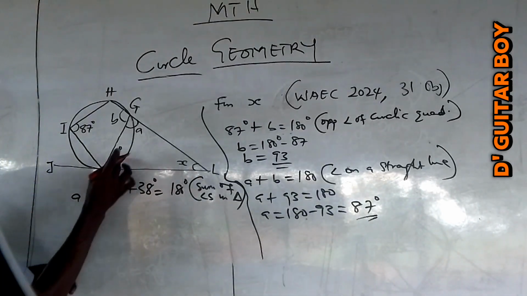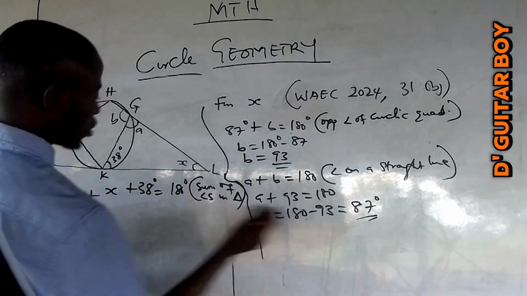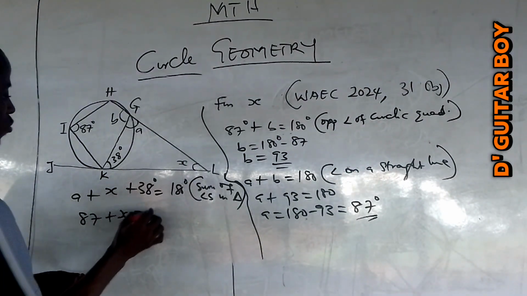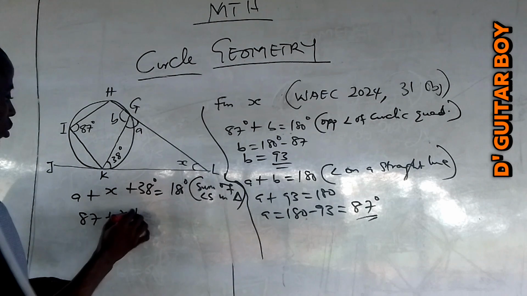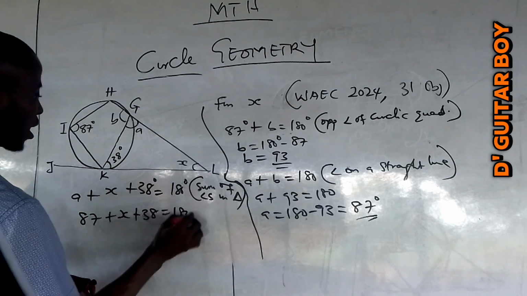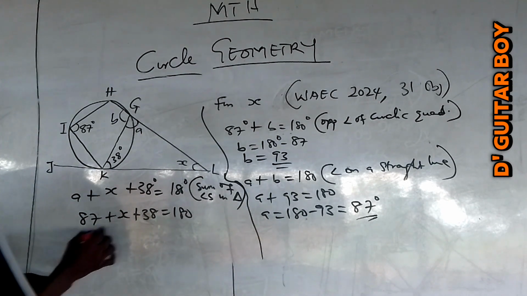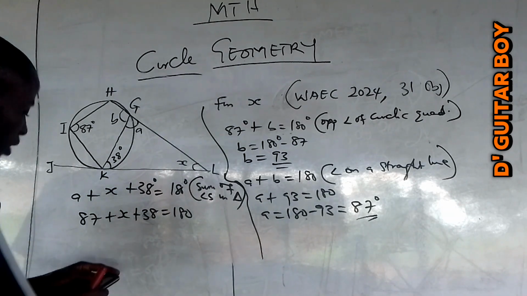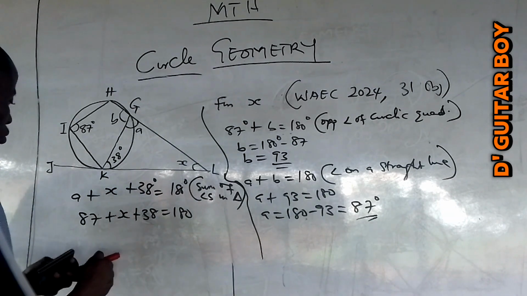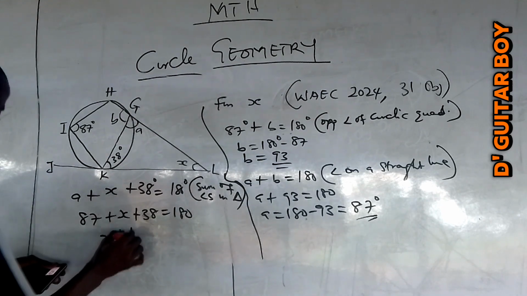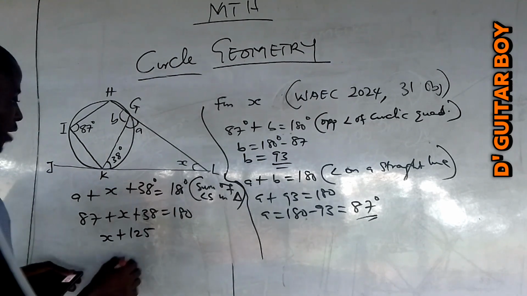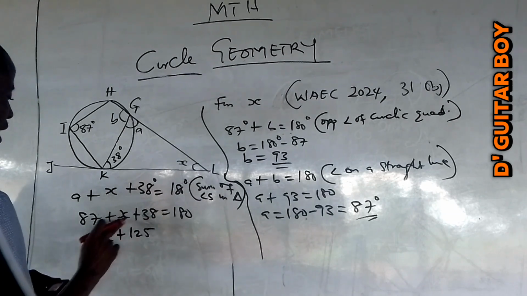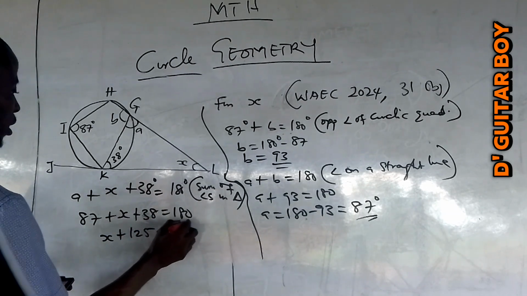So you have already calculated A to be what? 87. So you now say 87 plus S plus 38 equals 180. 87 plus 38 equals 125. So S plus 125 equals 180 degrees.